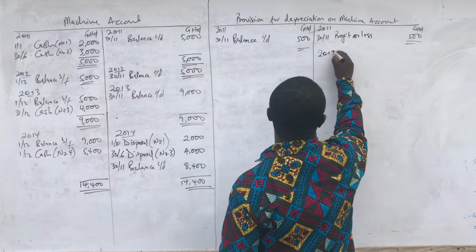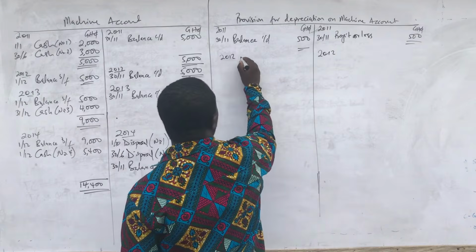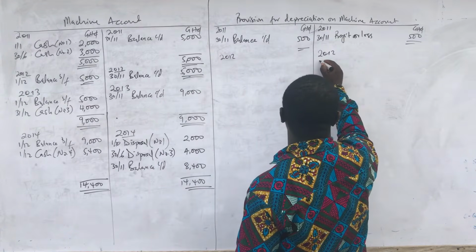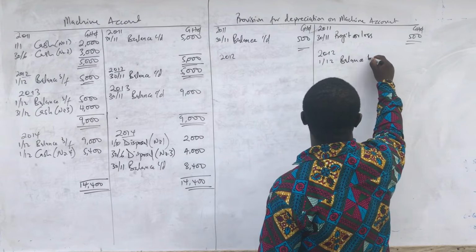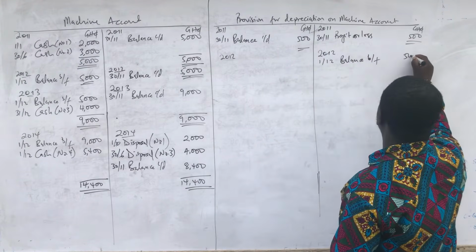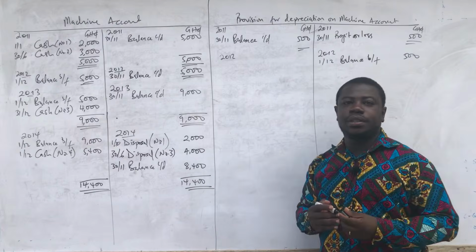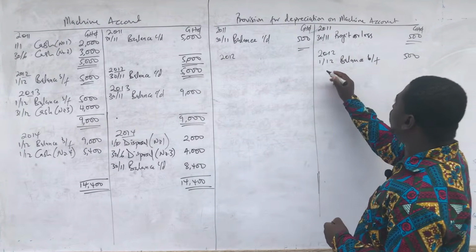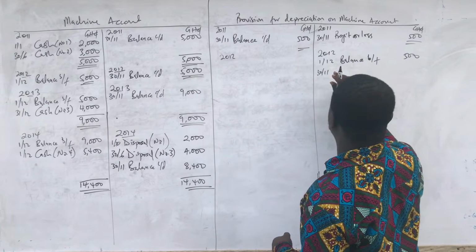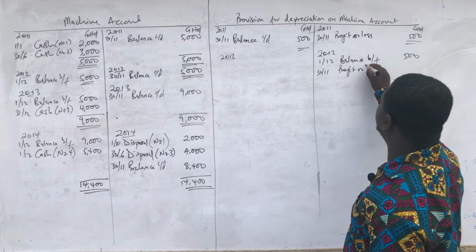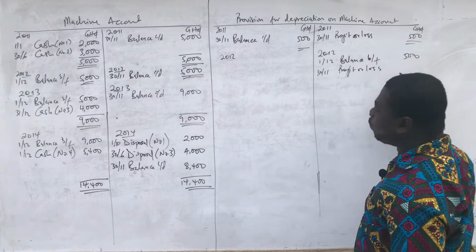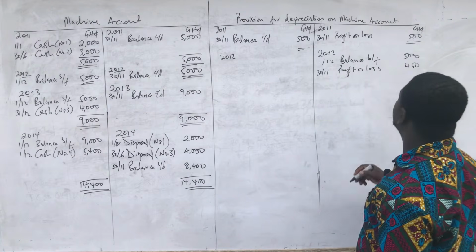And then in 2012, the balance carried down for depreciation will come as a balance brought forward. All right. And then in the year 2012, depreciation charge, we'll use the last day of the year and we'll call it profit or loss. And that was 450 cedis. Okay.